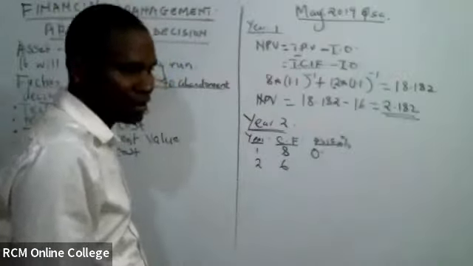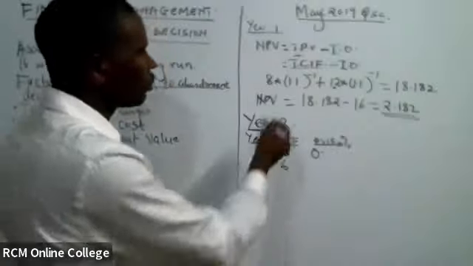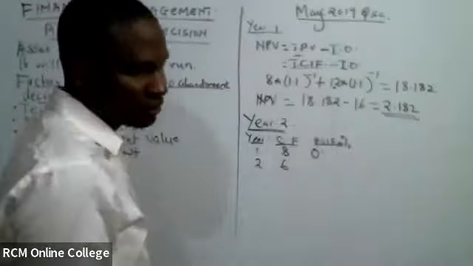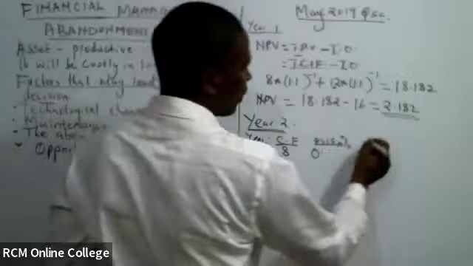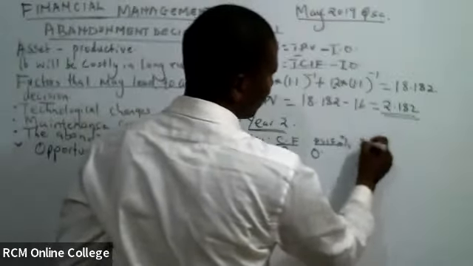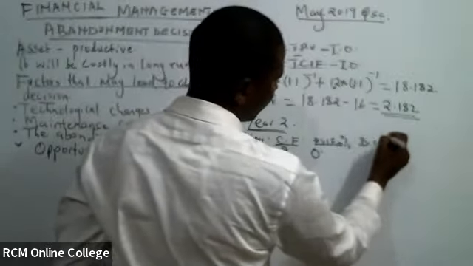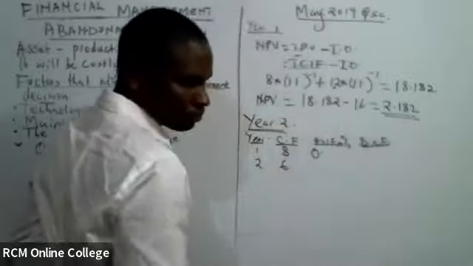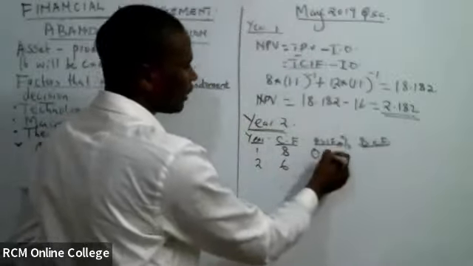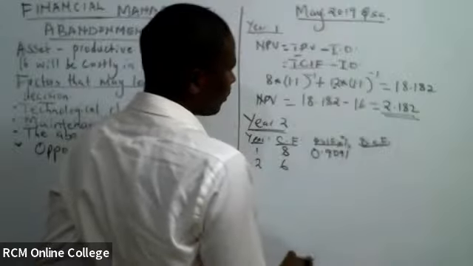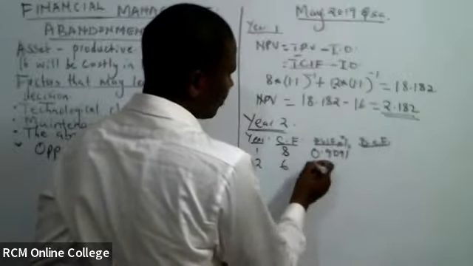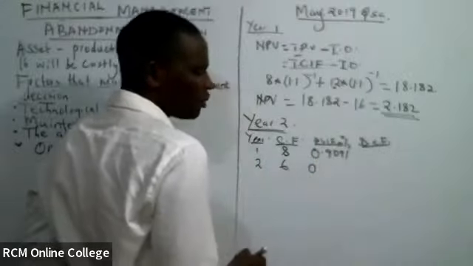1.1 raised to -1. That is no problem. It will remain the same. Whatever you would get here, it will remain the same. Only that I want to arrange it like that so that I get my discounted cash flow here. 1991. Then we get this of the second year.